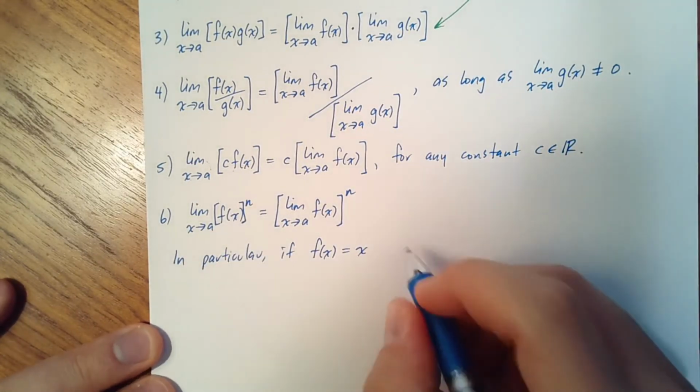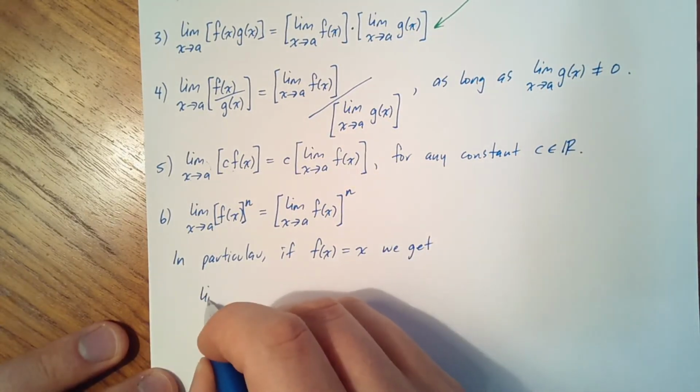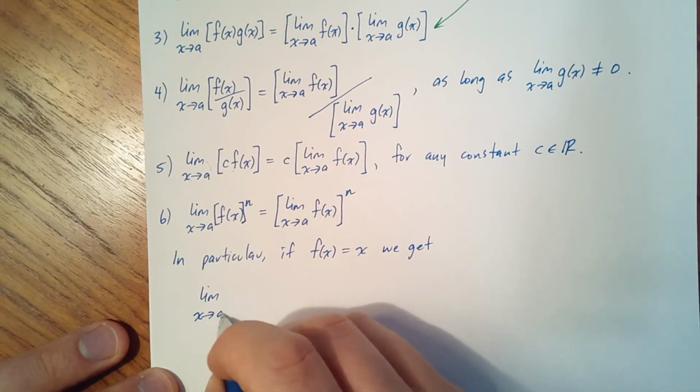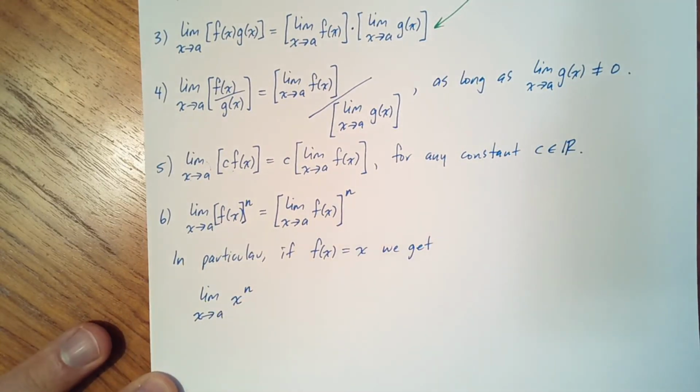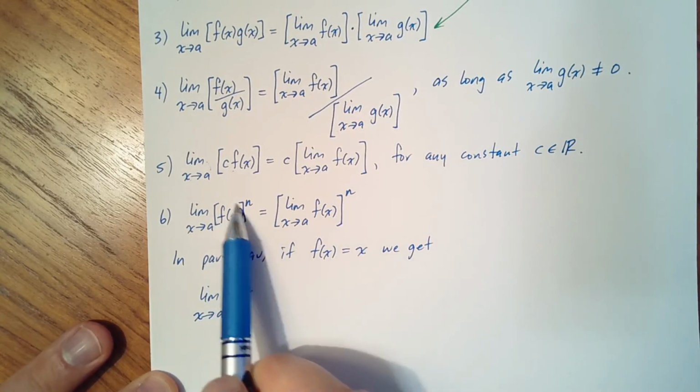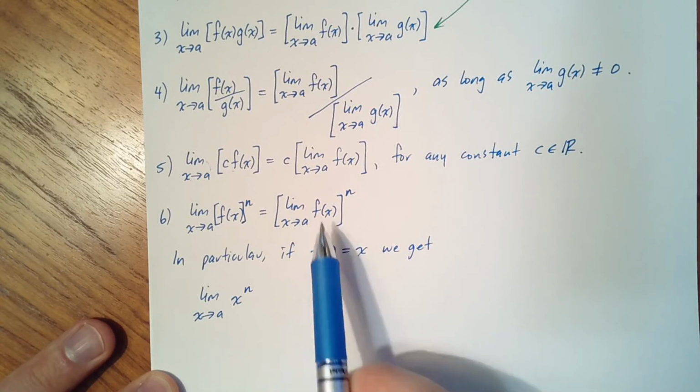Well, we get the following. We have the limit as x approaches a of x raised to the power of n, right? Because I just replace f of x with x. And then what do I get on the right-hand side?